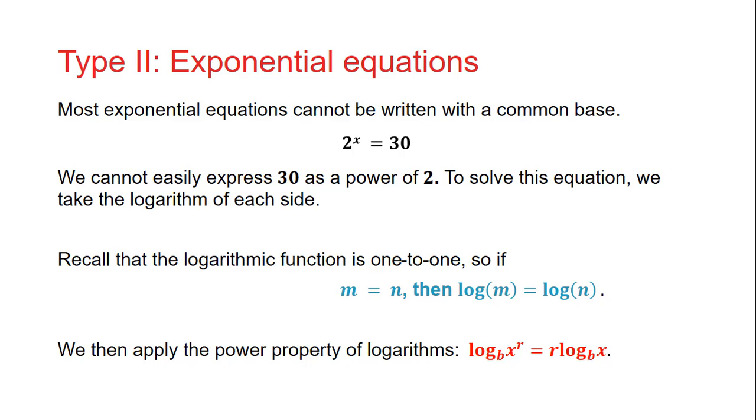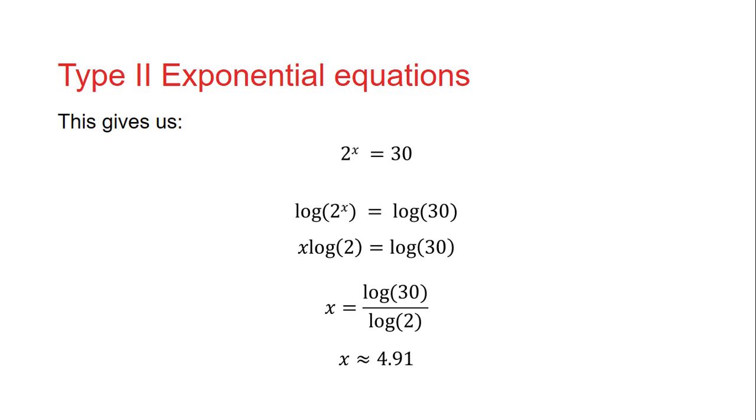Then we apply the power property of logarithms, which is that log to the base b of x to the r is equal to r times the log to the base b of x. So our whole goal is to bring the exponent down, because that's where our variable is, so we can solve for that unknown.